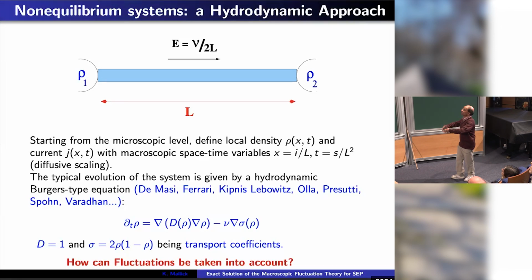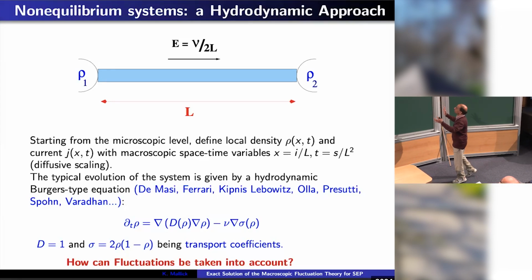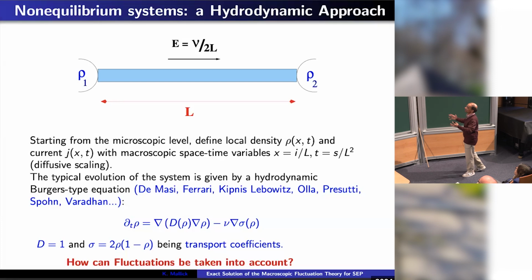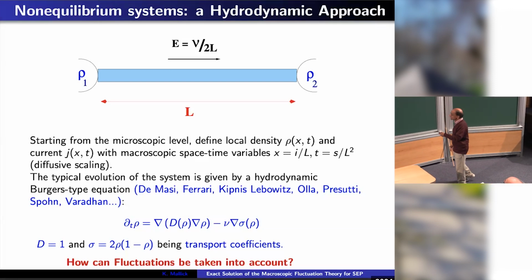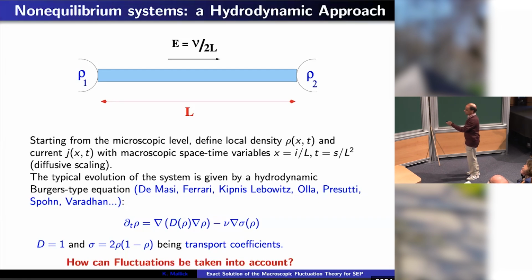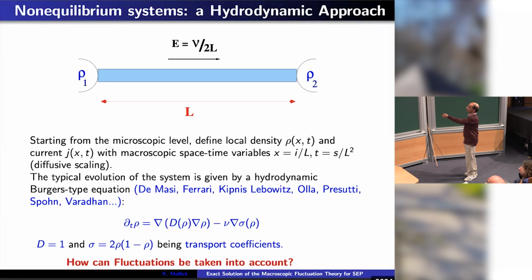If we consider a bar of metal between two reservoirs at different densities or temperatures, it would be, at least for physicists, quite natural to write a continuity equation.